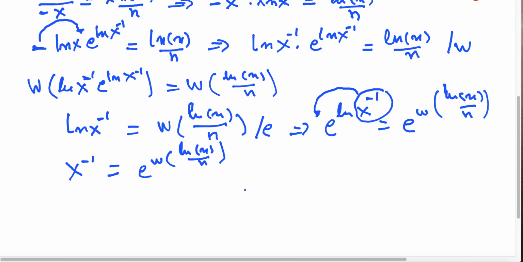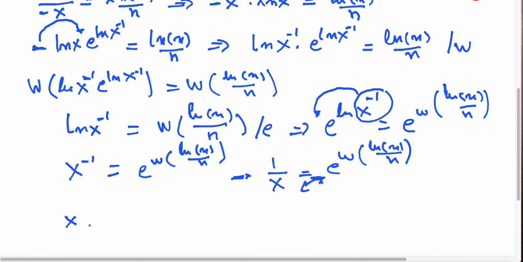So let me go a little bit further, and this implies x to the minus 1, I can write as 1 over x, is equal to e^(W of (ln n)) divided by n. Now I want to solve for x. I'm taking a shortcut, exchanging the positions of these two quantities, so x is equal to 1 divided by e^(W of ln n) divided by n.